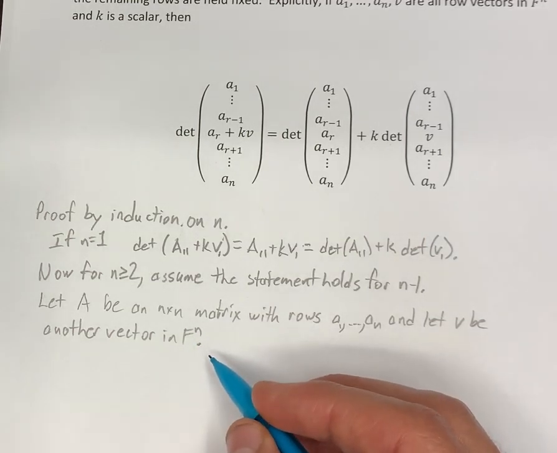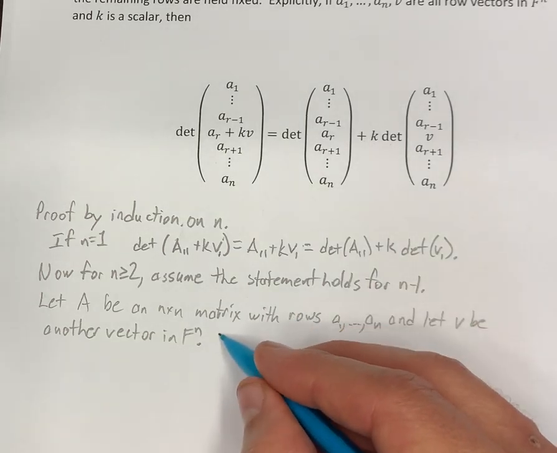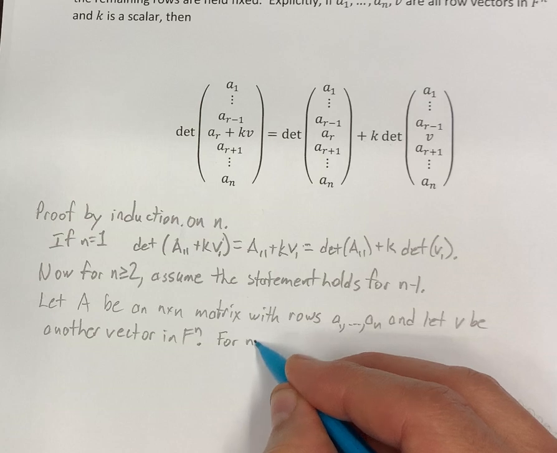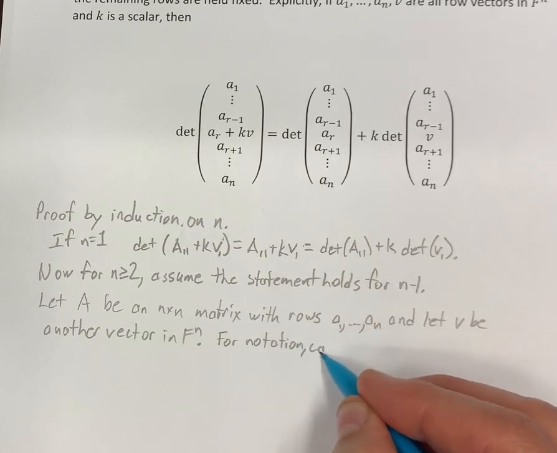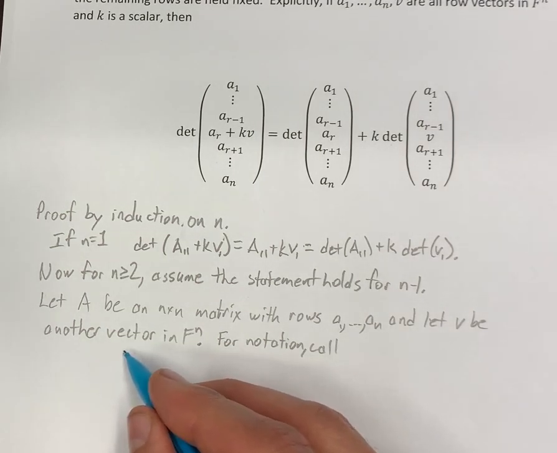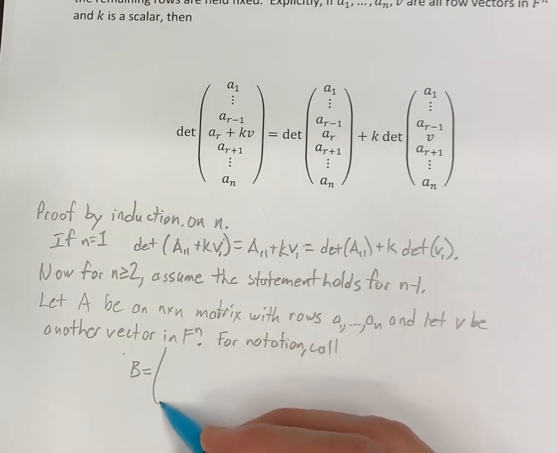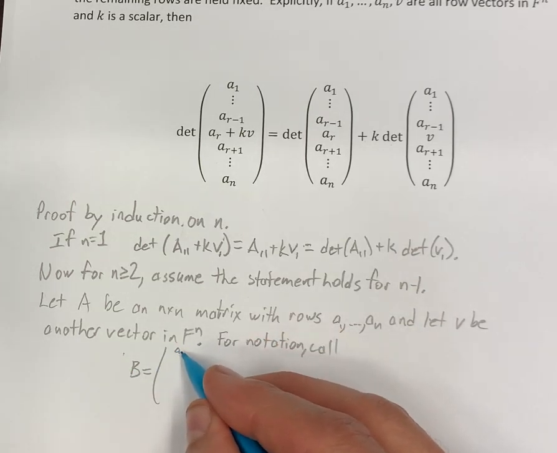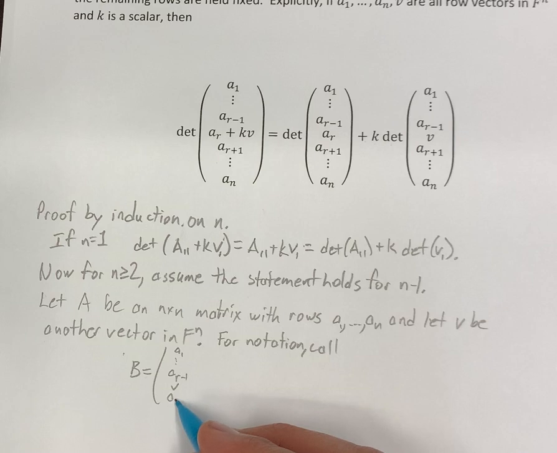So then, for notation, let's call B the matrix with rows a1 all the way down to a(r-1), v, a(r+1) all the way down to an.